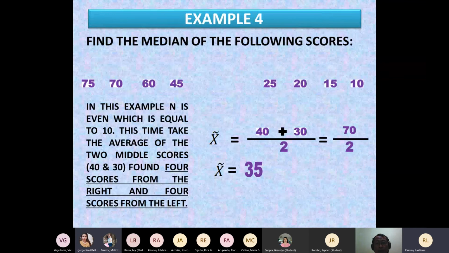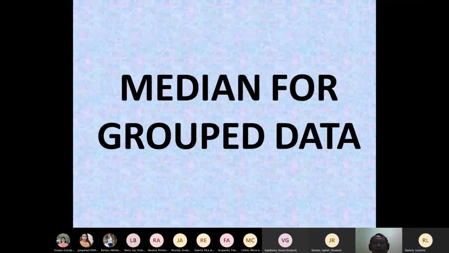Any question or reaction for the ungrouped data to solve the median? None so far. Okay. Clear na daw. Let us proceed.